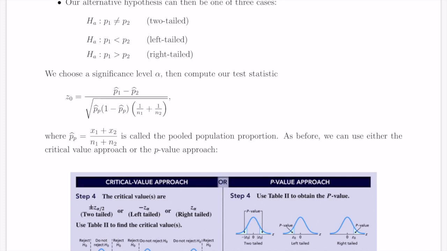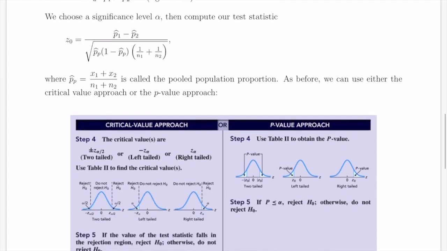Once you have the test statistic, you can basically revert this to a Chapter 10 problem. You can do the critical value approach or the p-value approach, whichever you prefer. If you do the p-value approach, you do need to use some sort of p-value calculator like R or whatever your favorite p-value calculator is. I think R is the easiest here if you want to compute the actual p-value.